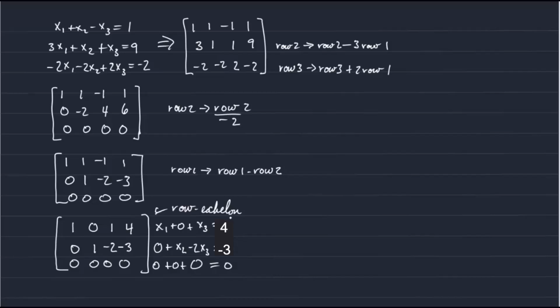Now, this system is a little bit different from the previous system in that we have all zeros on the bottom, which tells us basically that 0 is equal to 0. And that's correct. But in the previous example, the bottom row gave us information about x3. But in this case, we don't have any information about x3. And it turns out that x3 is unconstrained.